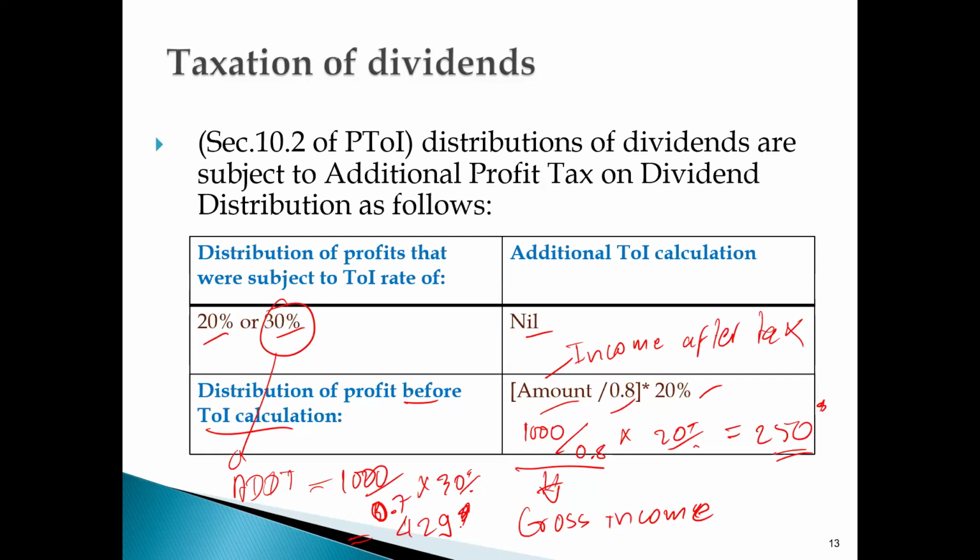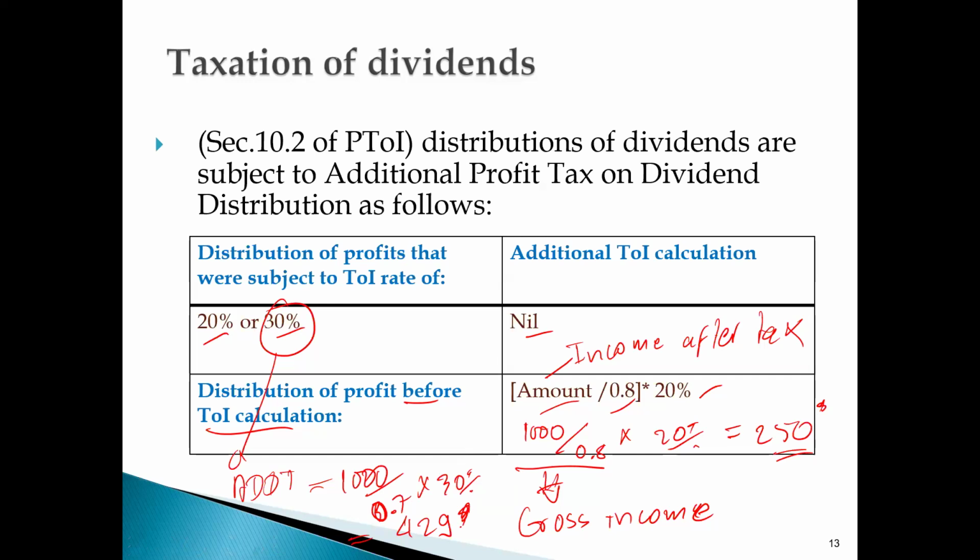So this is a case where you want to distribute what I call interim dividend, or dividend before paying tax on income. Then you need to pay what we call ADDT. But ADDT is a credit that you can use to offset with the income tax return at the GDT.